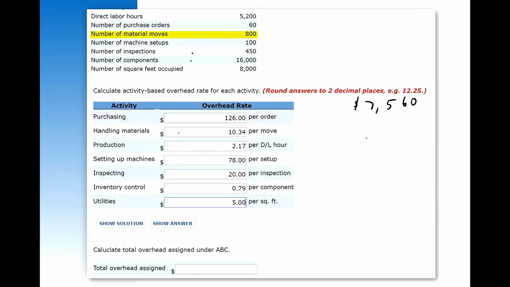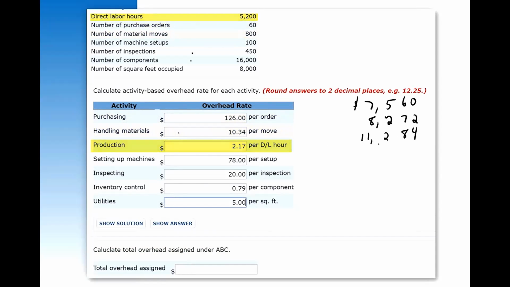Then we take 800 material moves times the rate per move of $10.34, and we get 8,272. Production, we would take the number of direct labor hours, which is 5,200, times the rate of $2.17, is 11,284.